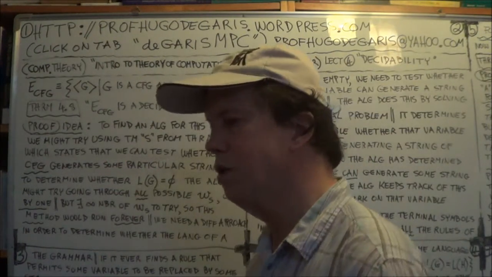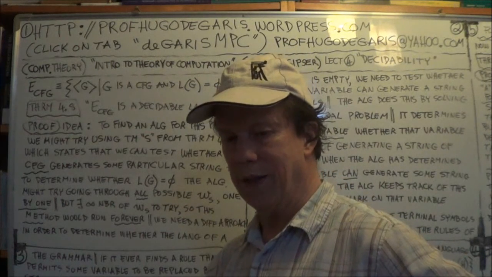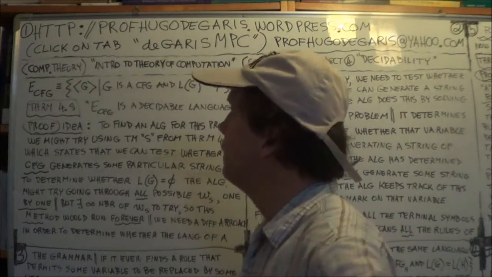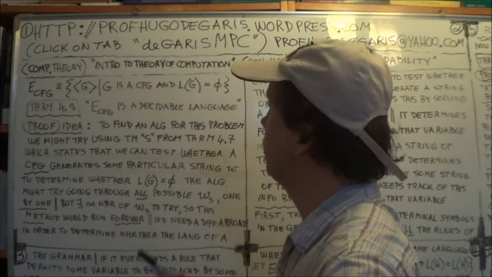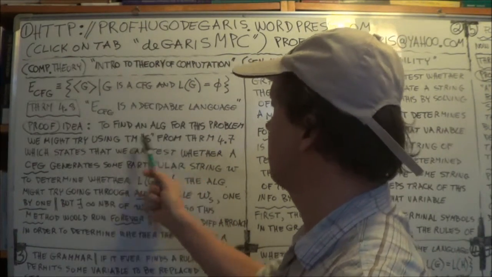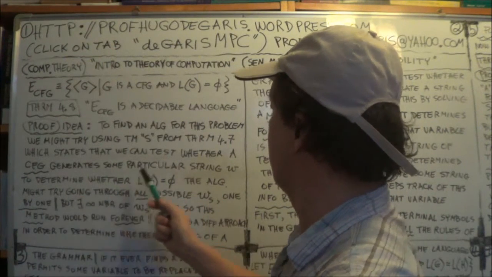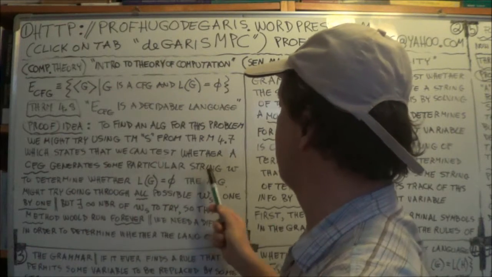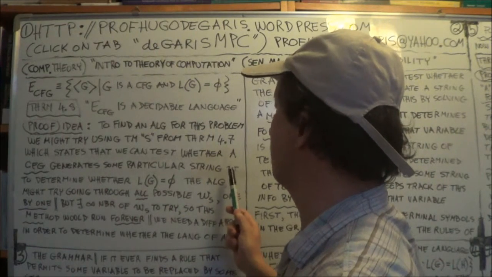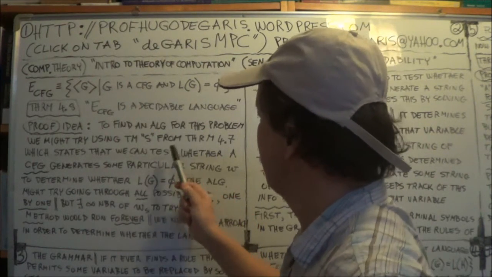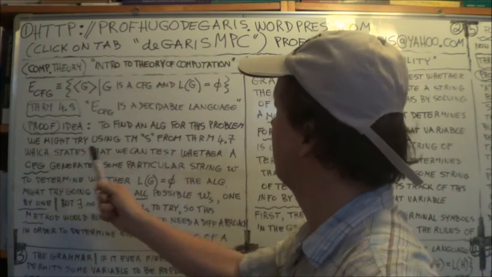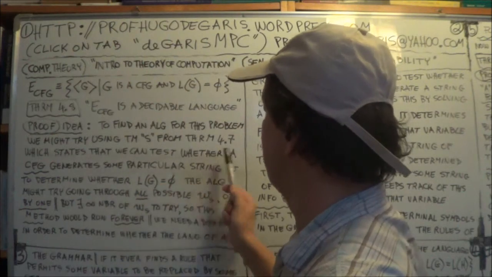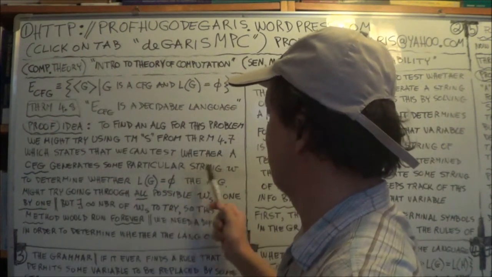Okay, so that's one idea. We'll just use this Turing machine S and look at all strings. Although it sounds a bit crazy because it'll just be an infinite number. We can test whether a CFG generates some string.